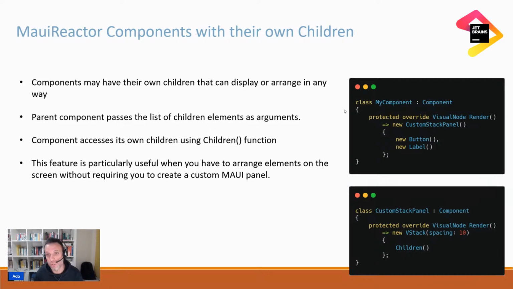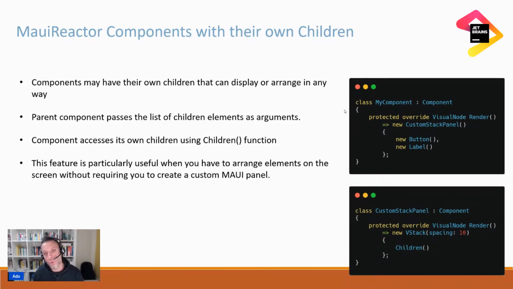So for example, say you want to customize how a panel like a stack layout panel works. In .NET MAUI, usually you have to override in code the behavior of the stack layout panel.